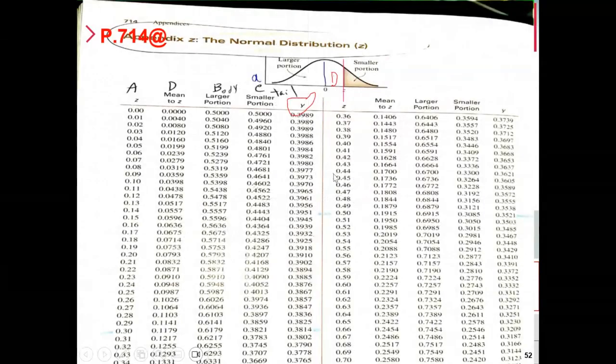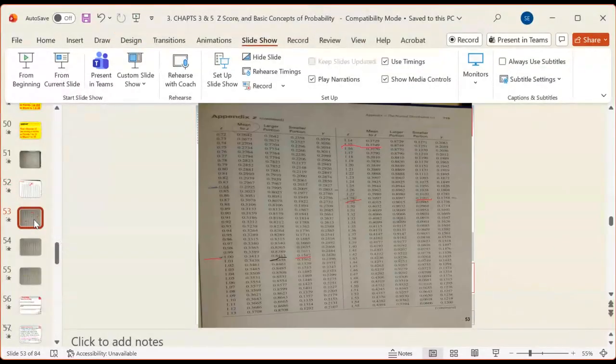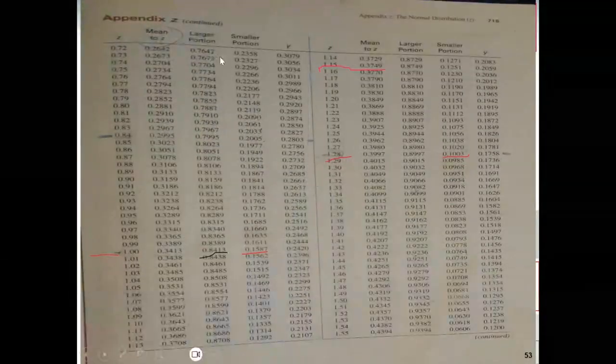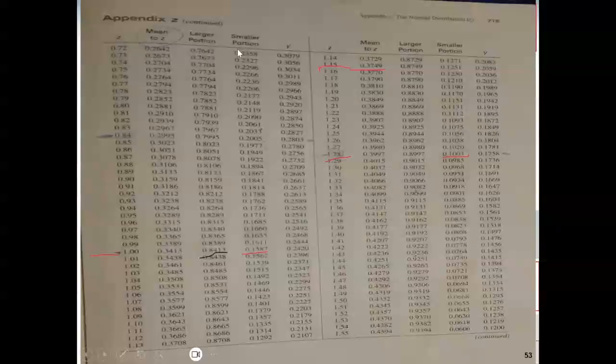So tail, a small proportion, is 0.10. Look at the fourth column, should be 0.10, the closest number you can get to that.